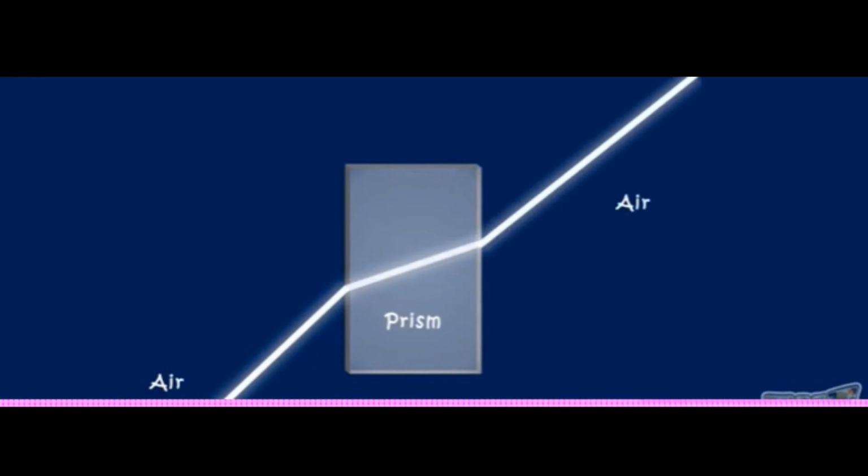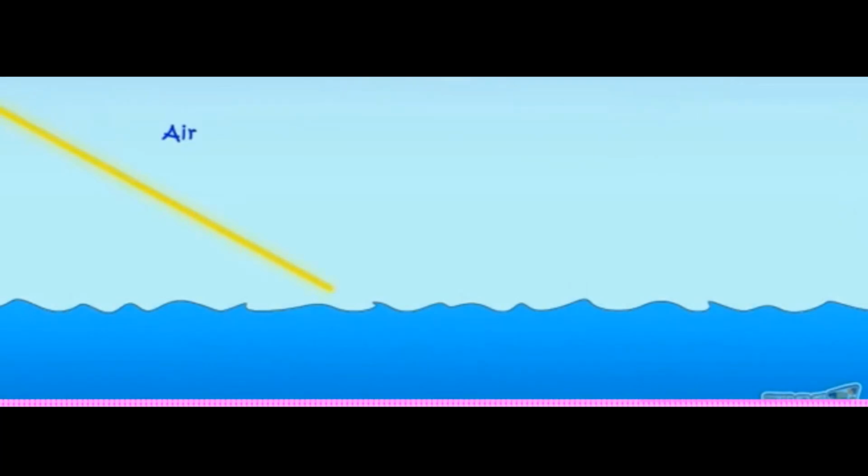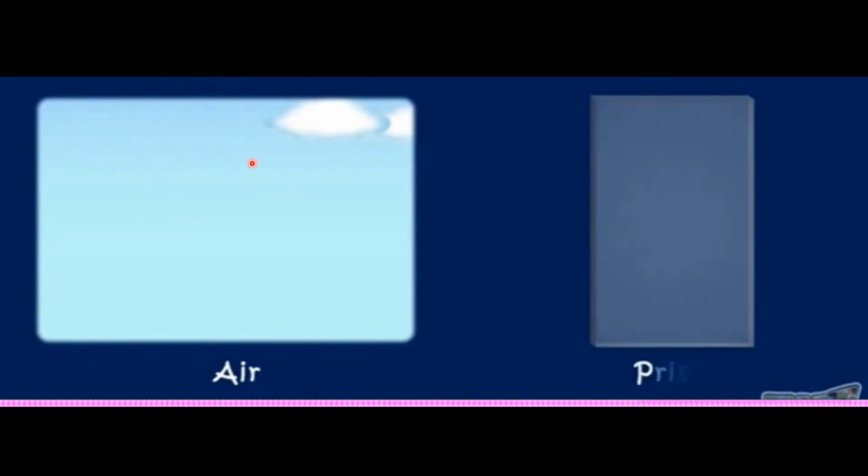So, we call that medium the denser medium. So, the path of moving of light changes when light enters from a rare medium to a denser medium, or from a denser medium to a rare medium. So here the air is a rare medium and the prism is the denser medium.